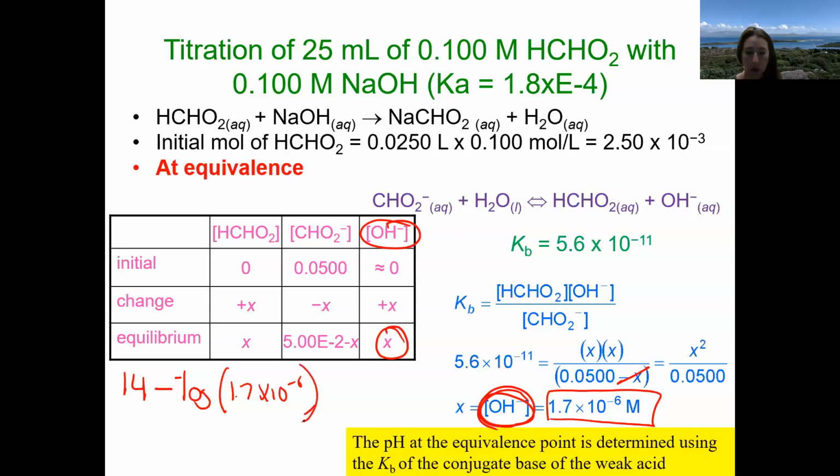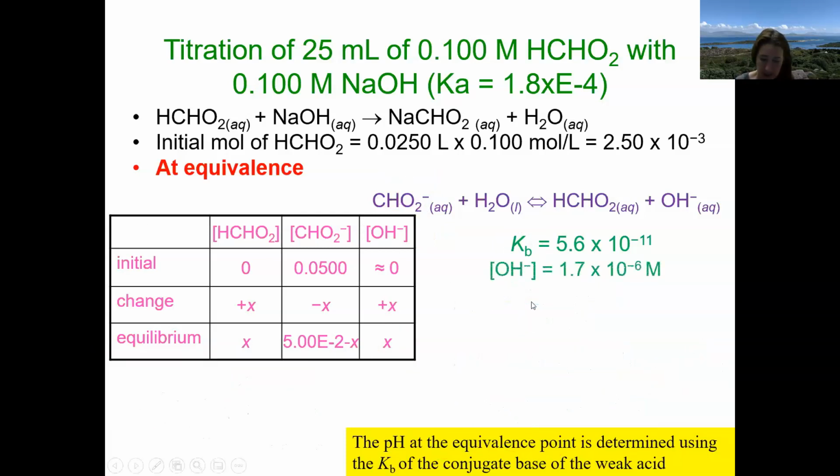Because again, we had to use KB because this is a base, X is OH. If it's a base, base. Everything has to be a base. X is a base, KB is a base, POH base.